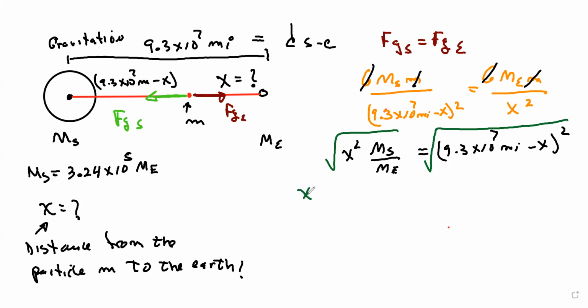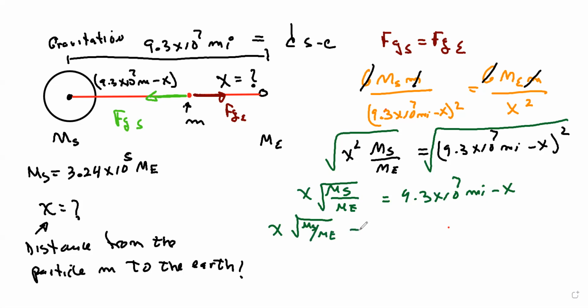So this is going to be x times the square root of the mass of the sun over the mass of the Earth equal to 9.3 times 10 to the 7 miles minus x. So we send the x over here. It's going to be x times the square root of the mass of the sun over the mass of the Earth, plus x, equal to 9.3 times 10 to the 7 miles.